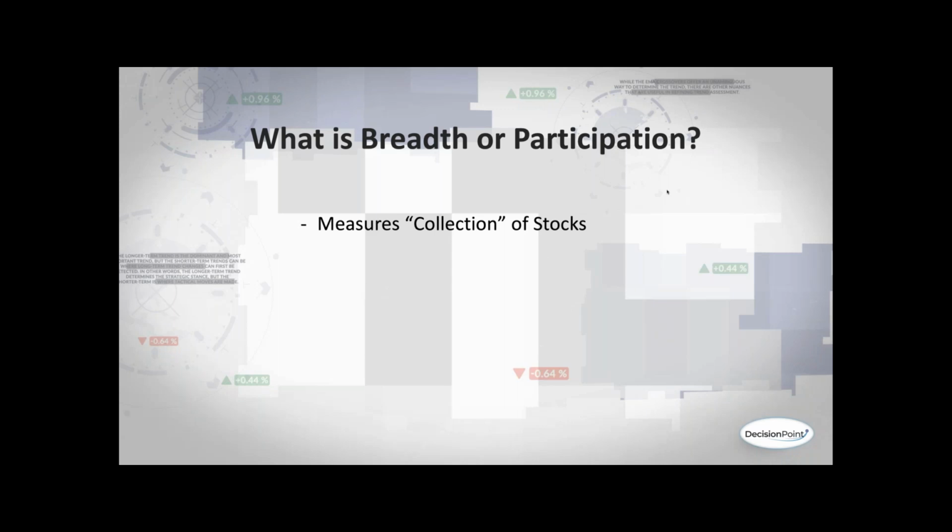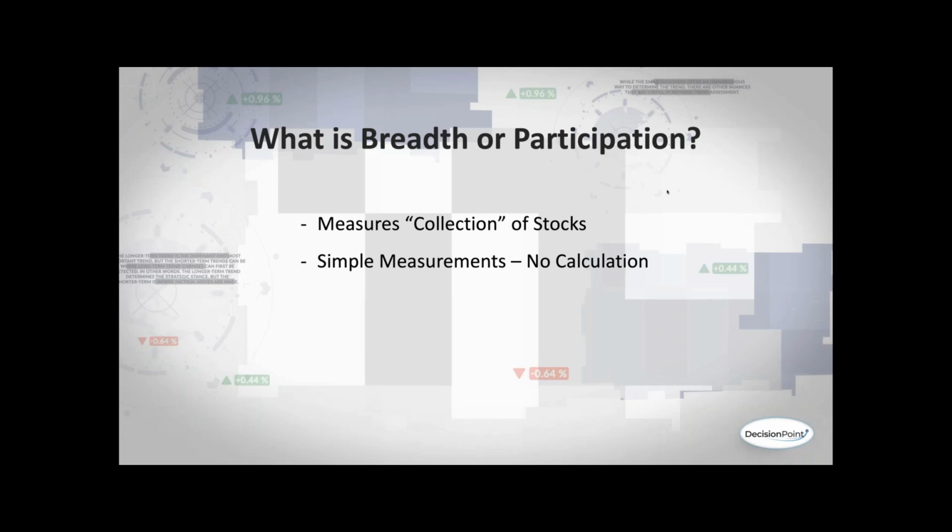So what is breadth or participation? I use the word "or" because really they're interchangeable, but basically you're measuring a collection of stocks, whether it's in an index, an industry group, a sector, whatever it is, you're measuring what's going on with that collection of stocks. It's a simple measurement. Generally, there's not going to be any major calculations involved.